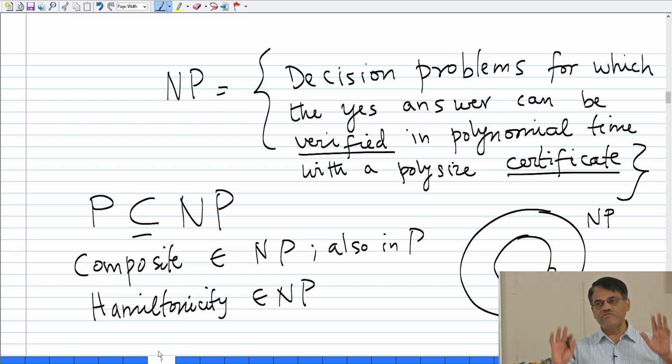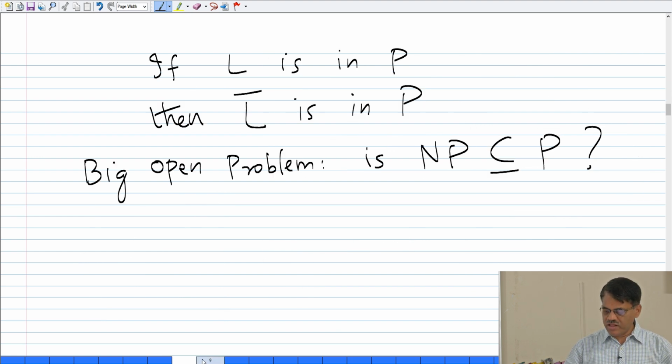So, roughly the way to think about it is P is all problems which you can solve in polynomial time, and NP is the set of all problems which you can verify in polynomial time, right. So, P is basically a student's job and NP is a teacher's job, right. Okay. So, the question is, is my job easier than yours? And in principle, it looks like verification should be easier than actually solving it. So, most people believe that this containment is not true, right.